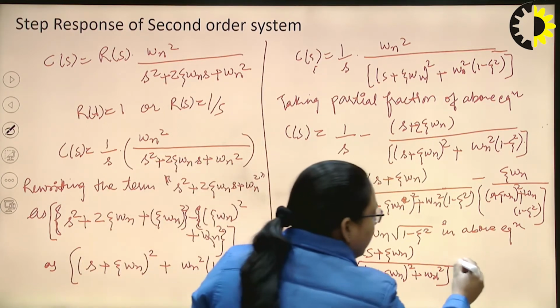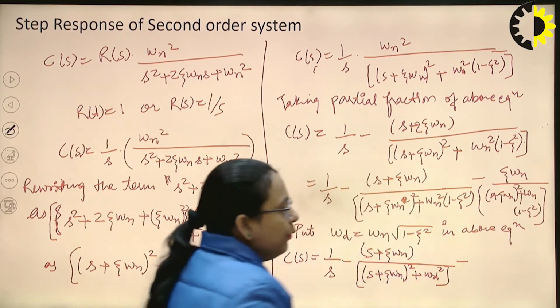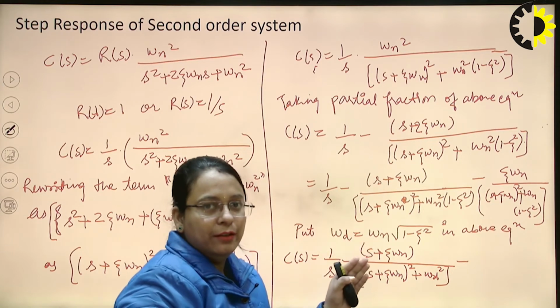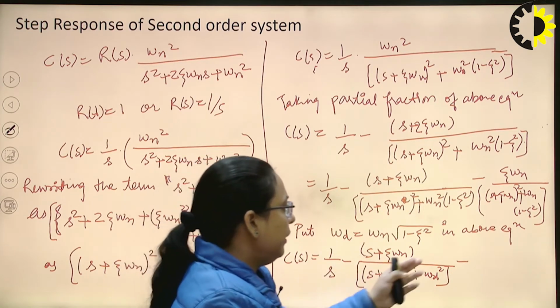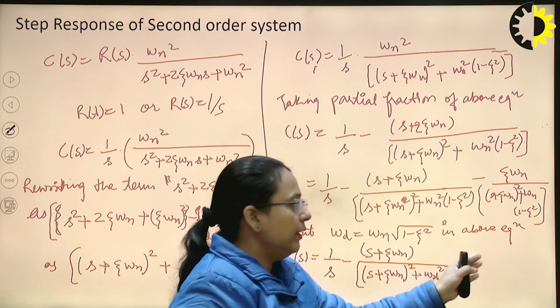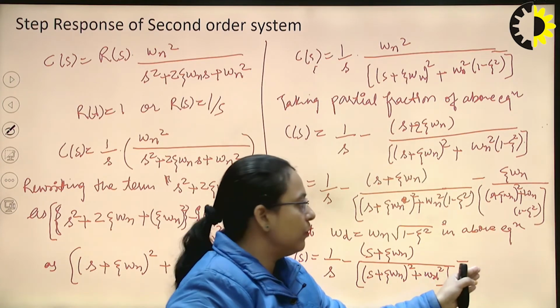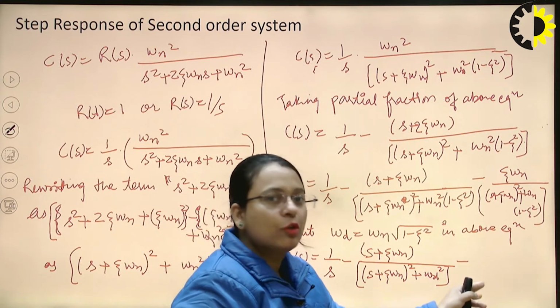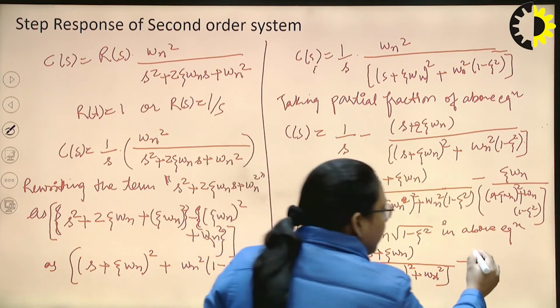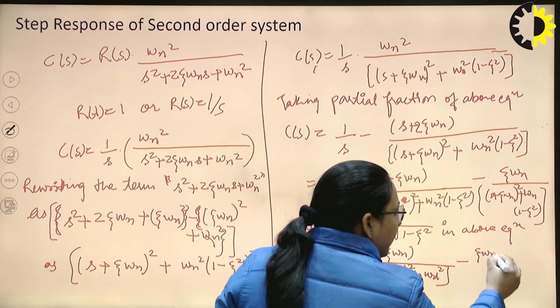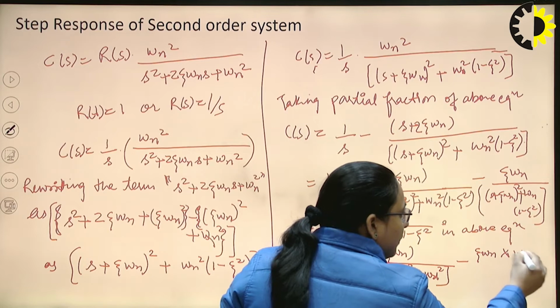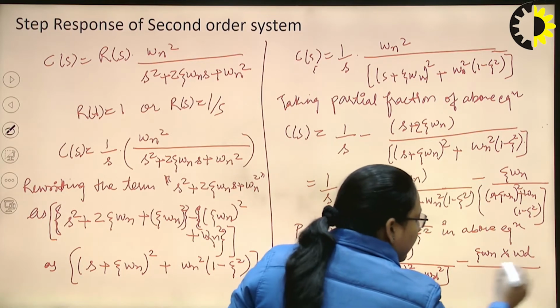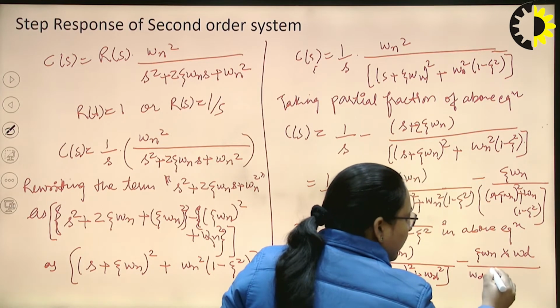Another term: in this term I am going to multiply and divide by omega d, so that when I take the inverse Laplace transform, it will become the cosine term. So along with zeta omega n, I multiply omega d and divide by omega d.